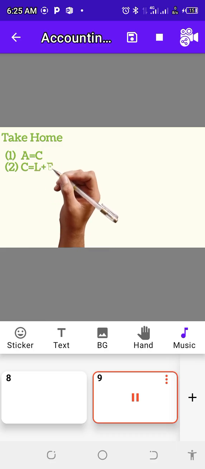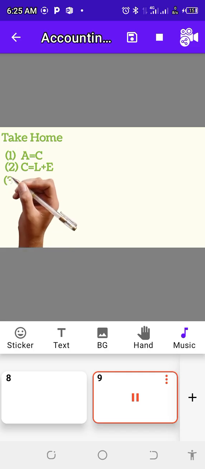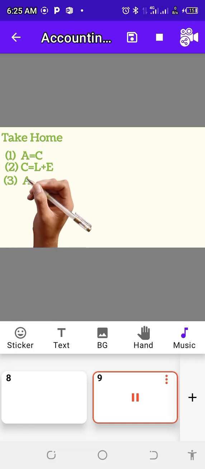Capital comprises liability, which are claims from third parties, and equity, which are claims of the owner of the business. Then the third one is asset is equal to liability plus equity. This is the major one we call the accounting equation.